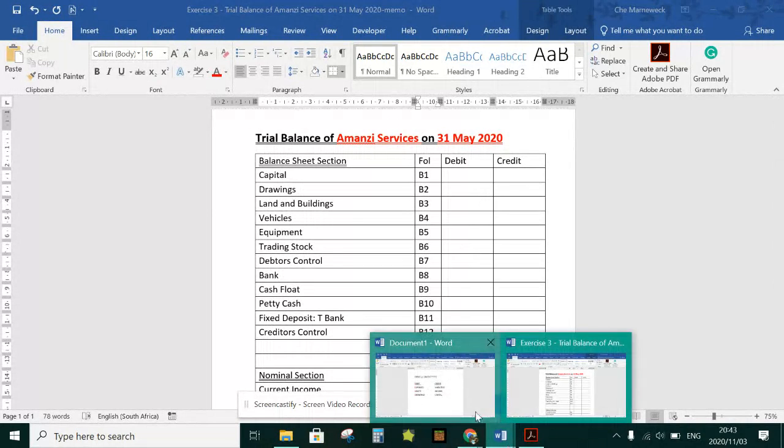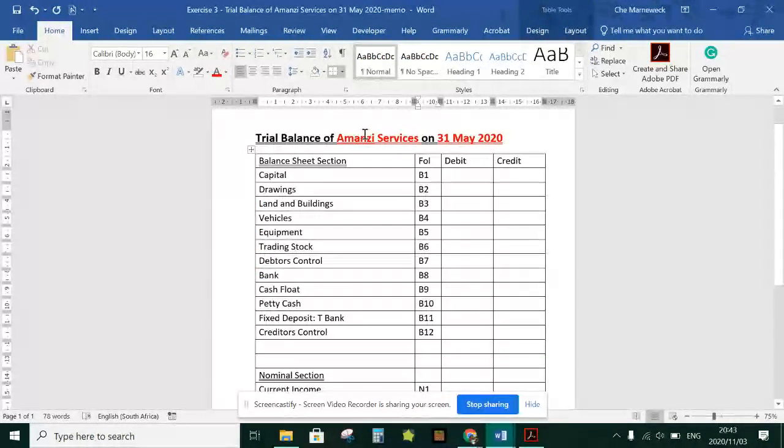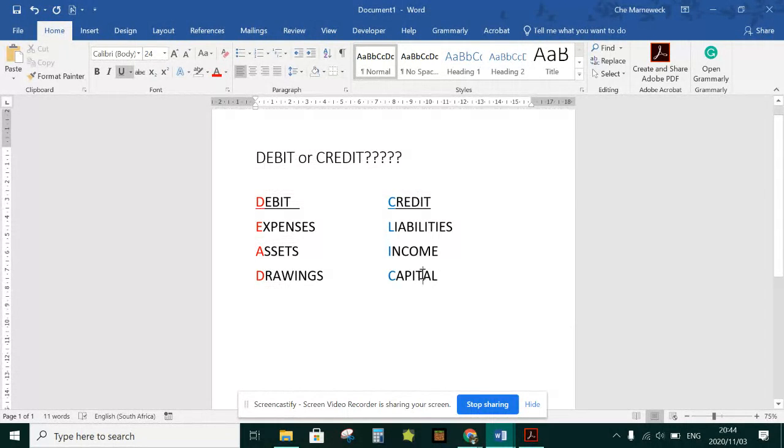So we have our rule. How do we know if we debit or credit? We debit expenses, assets, and drawings. We credit liabilities, income, and capital. So we have a look at our first account. Capital. The rule says capital goes under credit.